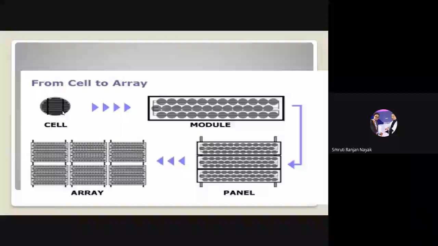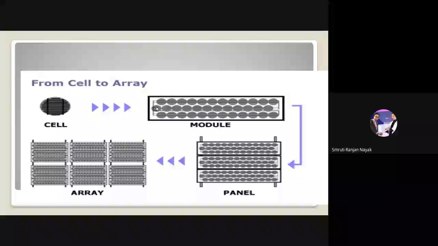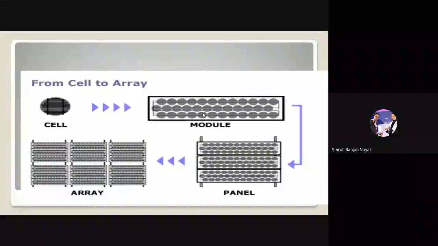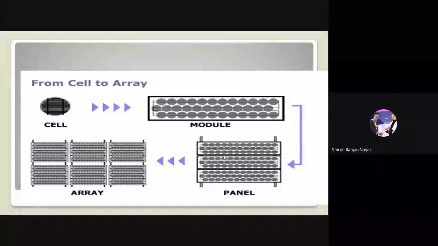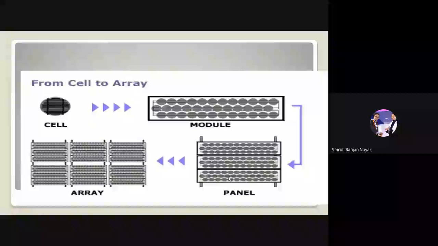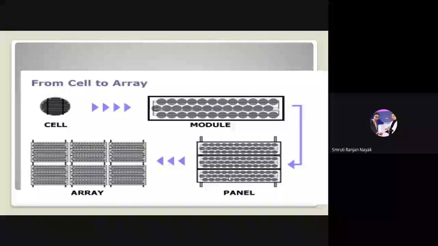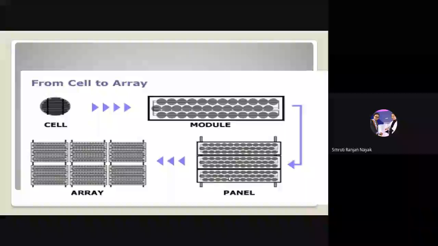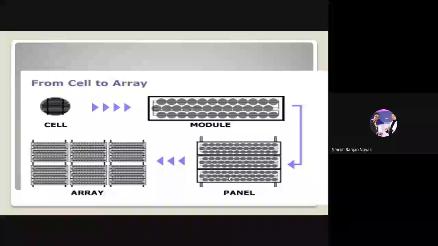When these cells are connected in some series and parallel arrangement inside the panel, it is known as the module, and the modules, when they are connected through some series and parallel, are known as the panels, and these panels, when connected according to our requirements, are known as the array. The array is arranged in parallel as well as in series, according to our load, our desire, or our requirements.